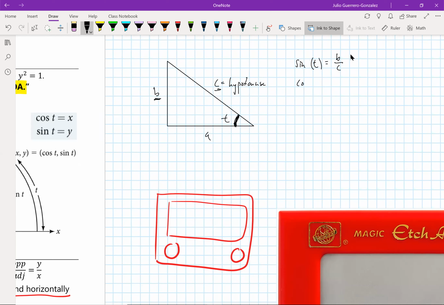My cosine of T is going to be my adjacent over my hypotenuse, so it's going to be A over C. And then my tangent of my angle T is going to be opposite over adjacent, which is B over A. So notice how, depending on where the angle is chosen, right, we have to make the decision of which one is opposite and adjacent from that point.